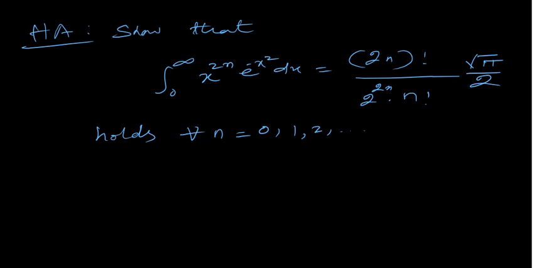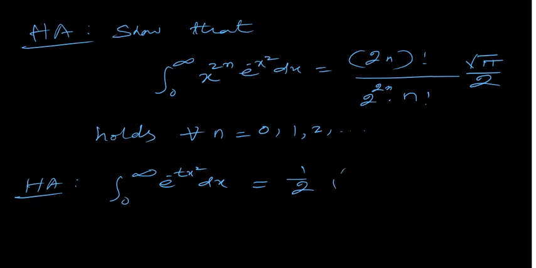This is the exercise, and one more assignment for you is the following: the integral from 0 to infinity of e power minus t x square dx is equal to 1 by 2 root of pi by t.